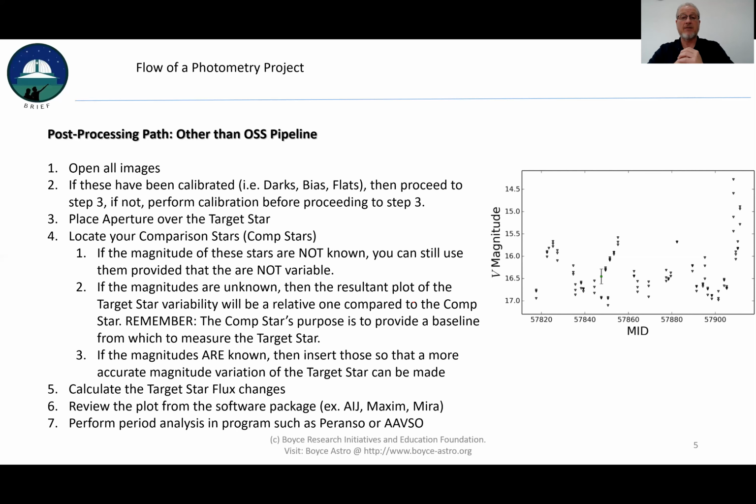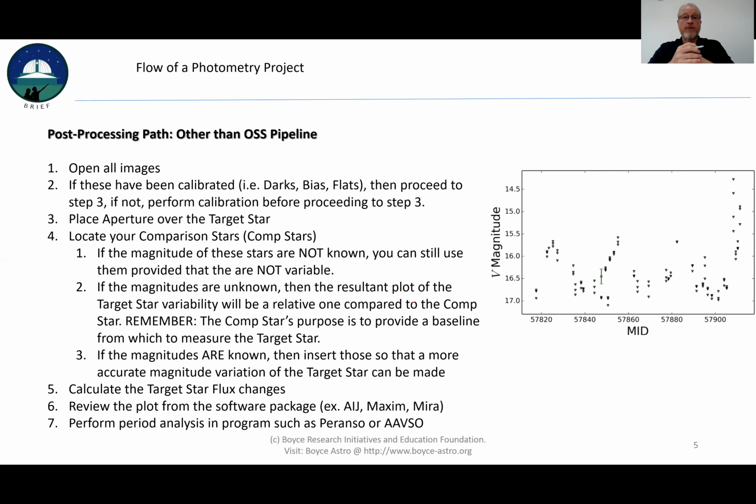You can insert that information. That will help you with a magnitude determination of your target star. If they're unknown, then the resultant plot of the target star variability will be compared to the comp star. But remember, the comp star has to be non-variable. It cannot fluctuate during the time of your images.